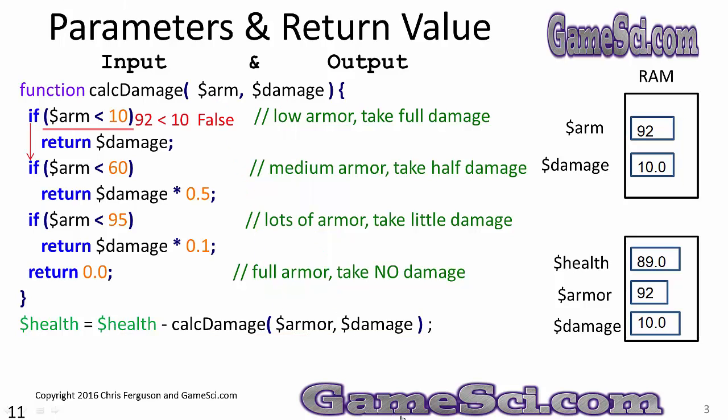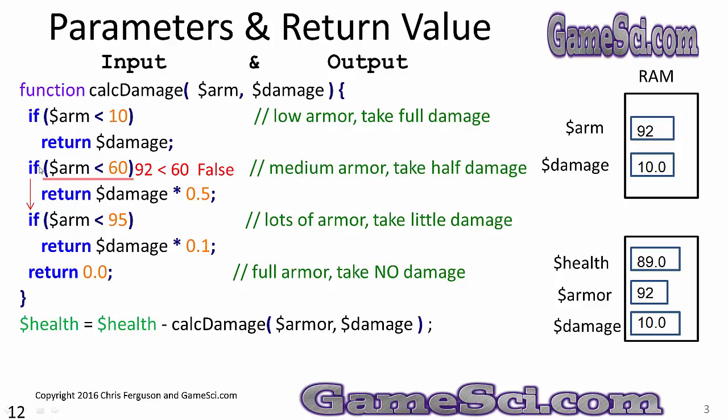Now calcDamage is going to answer a simple question. If I have 92 points of armor and take a shot that would normally cause 10 points of damage, what is the true damage that it should cause based on my armor? 92 less than 10 is a very, very false statement. And you can see by the arrow here, if this statement is false, it will skip down to the next if statement. 92 less than 60 is still a false statement.